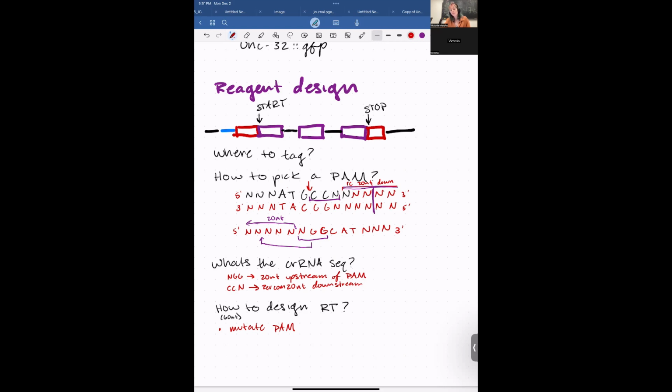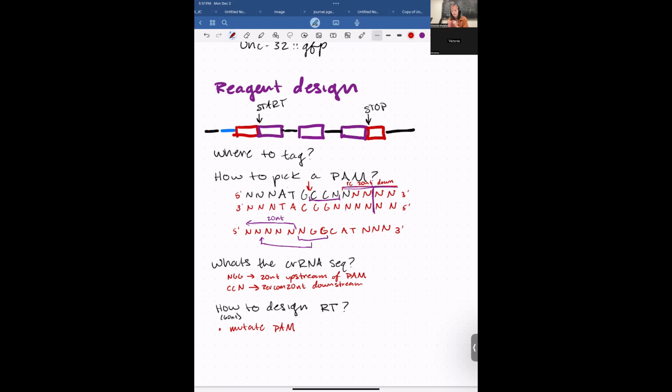And if our PAM is in a non-coding region, we might make sure that the mutation we're inducing doesn't change well-conserved regions within the UTRs. I want to highlight that it doesn't matter if your PAM or CRISPR RNA are in coding or non-coding regions. The only thing that matters is that it puts a cut as close as possible to the insert site.